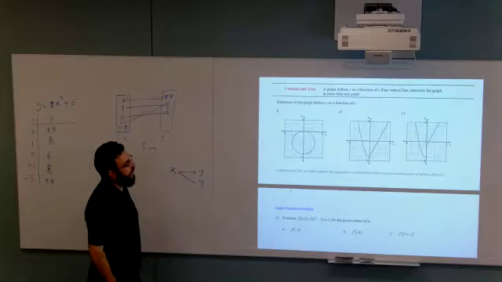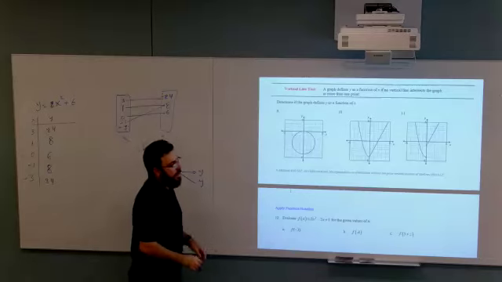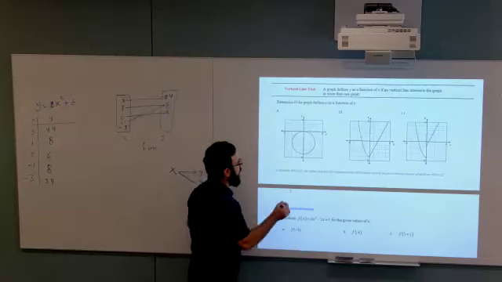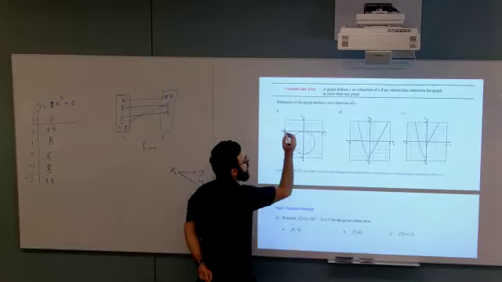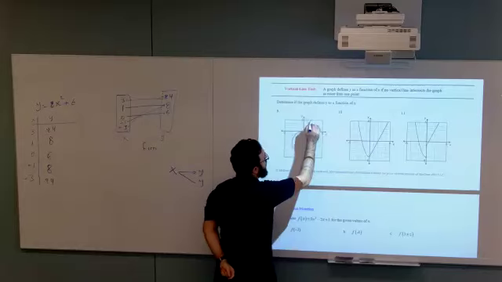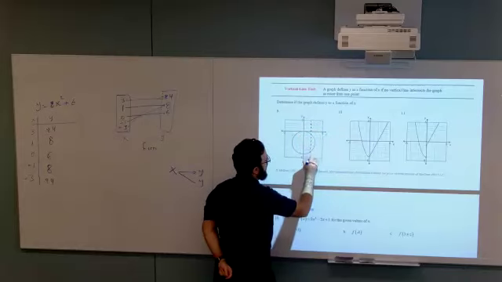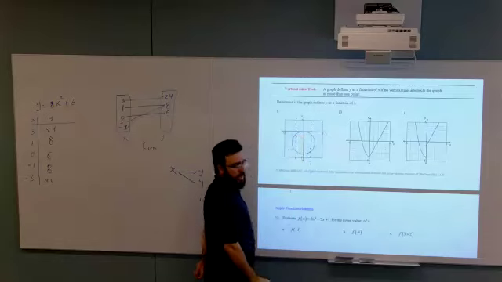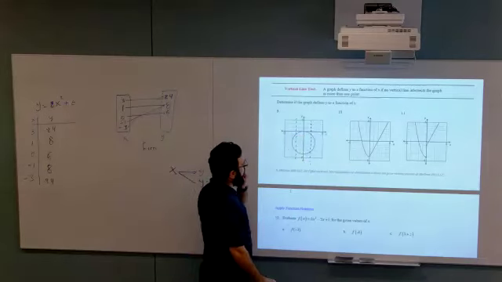So let's check with the first graph, the circle. We need to check by graphing a vertical line test. Choose randomly, choose two lines. I'm going to choose one line here, another line here. Okay? Now let's check.